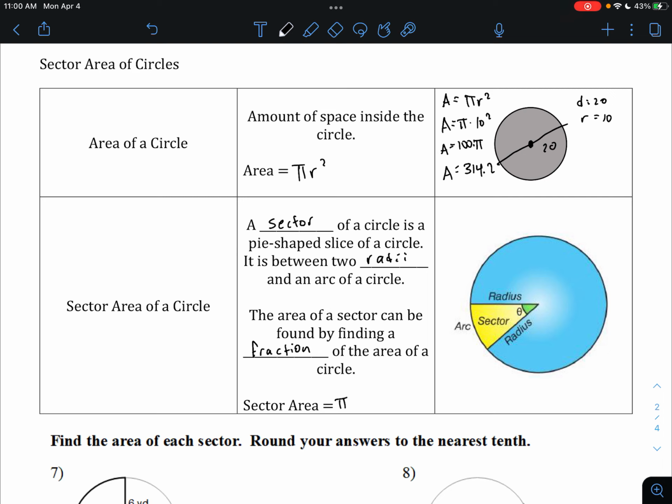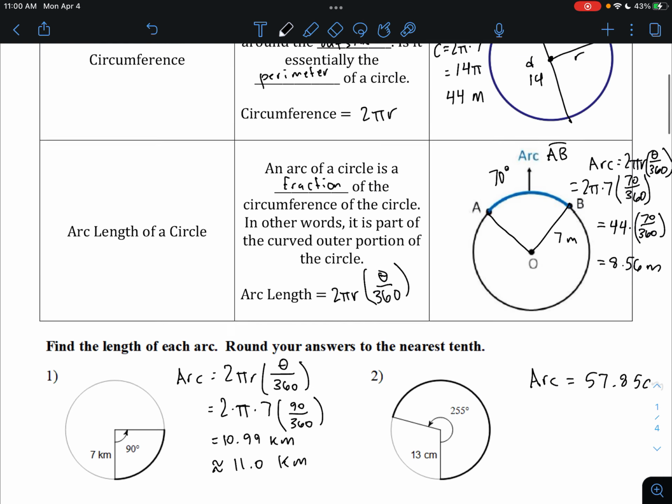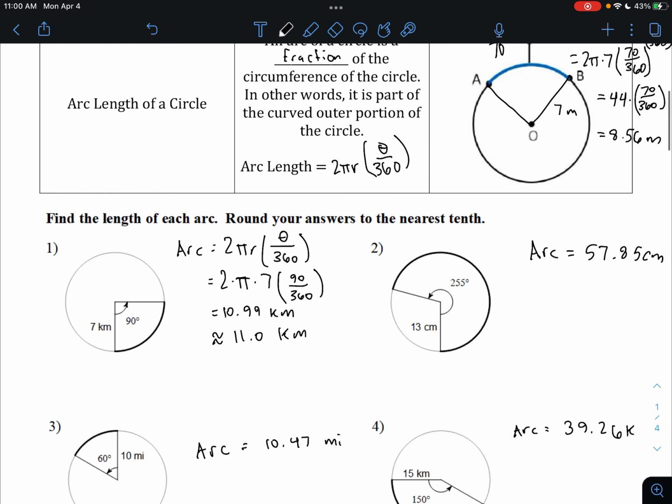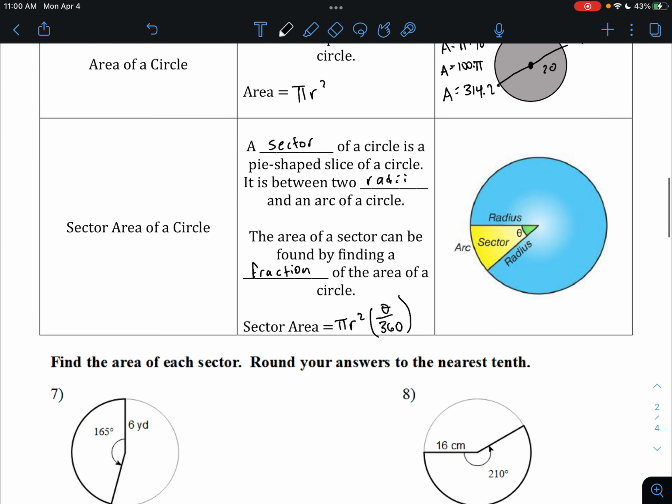The area times that same fraction, whatever that angle is, out of 360. So we saw that fraction in our last lesson, theta out of 360. It's here again. Theta out of 360 is going to give us the fraction of our circle. That number times the total area will give us the sector area.